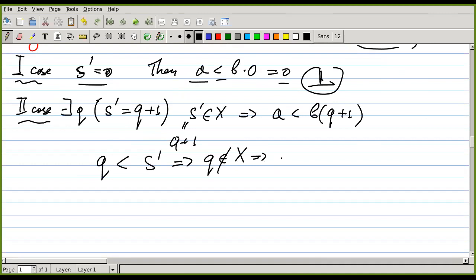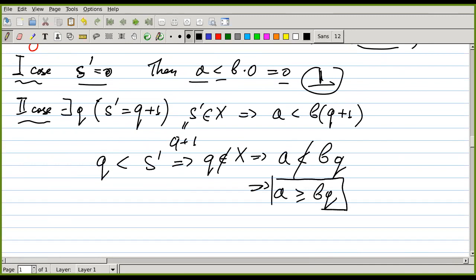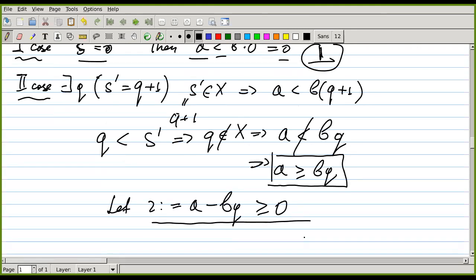So q doesn't belong to X. What does it mean? It is not true that a is less than b multiplied by q. That means that a is greater or equal than bq. So we have found a number q such that bq is less or equal than a. Then, if we take a minus bq for r, we will automatically obtain that this r is greater or equal than 0.